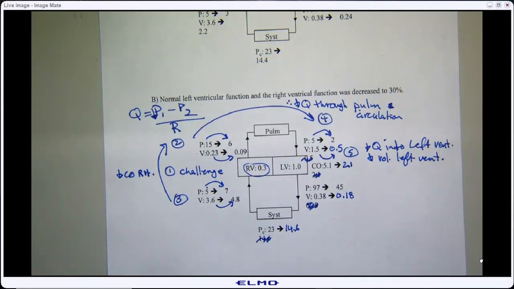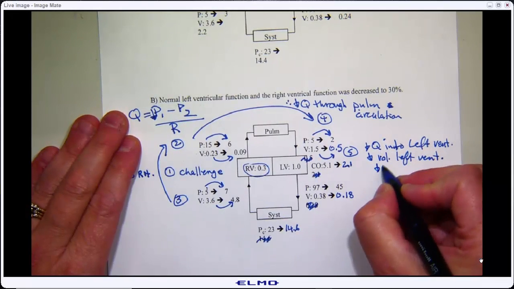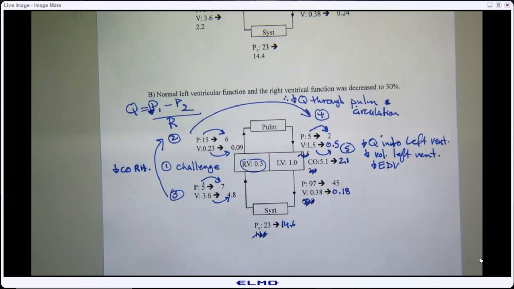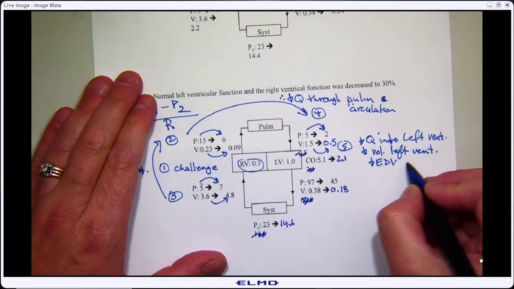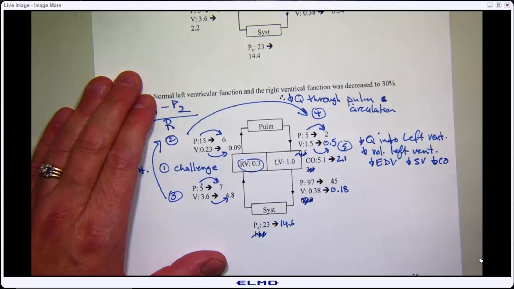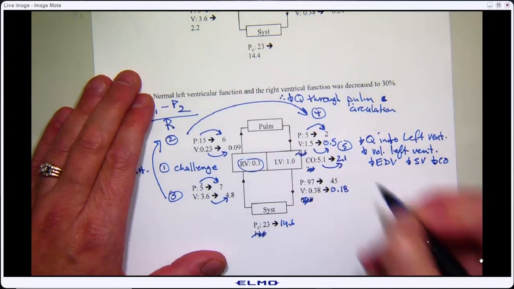And you correctly identified that as a decrease in end diastolic volume. Okay? Decrease in end diastolic volume, decrease in stroke volume, decrease in cardiac output. You can't pump what you don't have. Okay? And there it is. There's our drop in cardiac output.